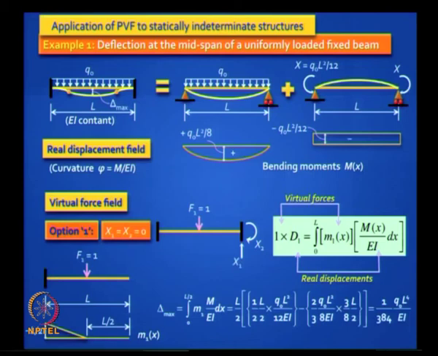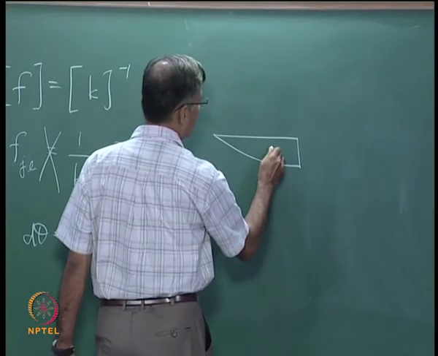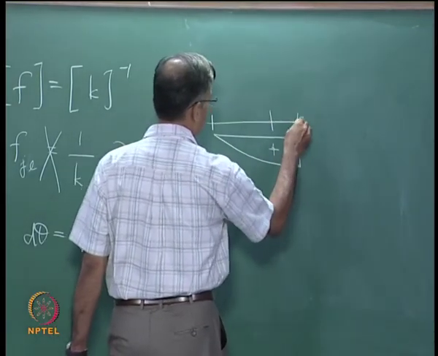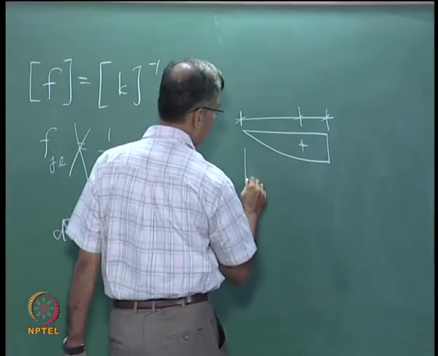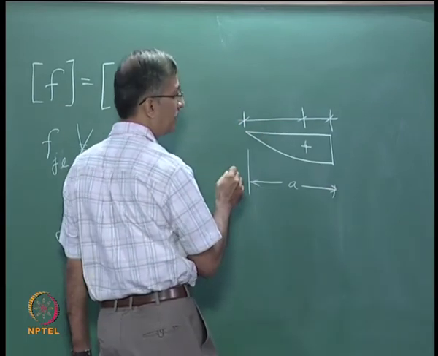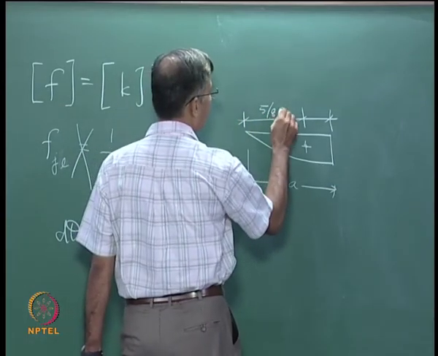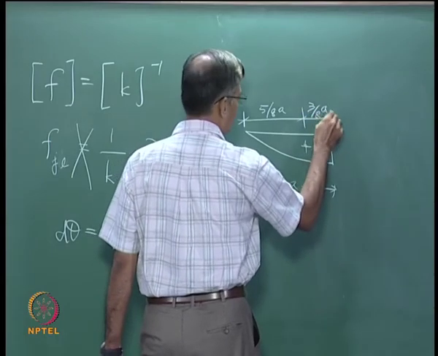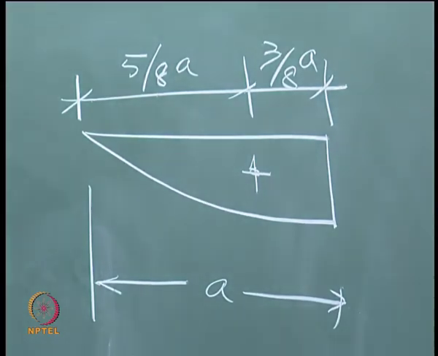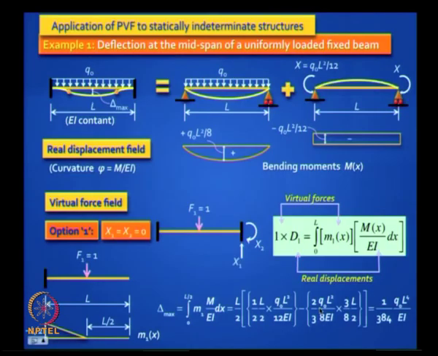So you know that if I have a parabola like this, the centroid will be located in such a way that these distances are, if this length is A, how much will this be? Yeah, it is 5 by 8 A and this is 3 by 8 A, right. So that is how you get the ordinate in this triangle as 3 by 8 of L by 2, agreed?